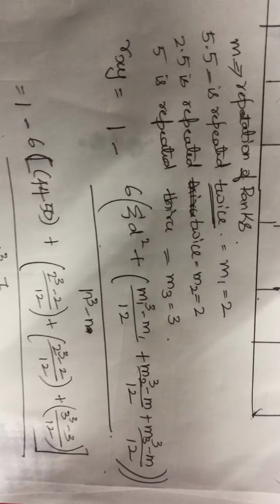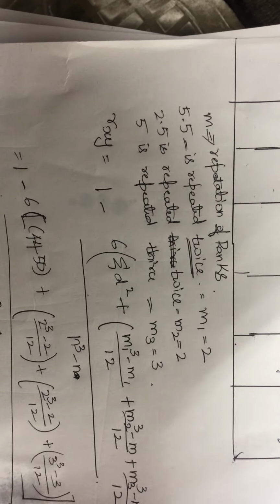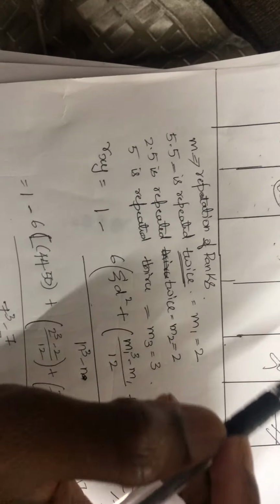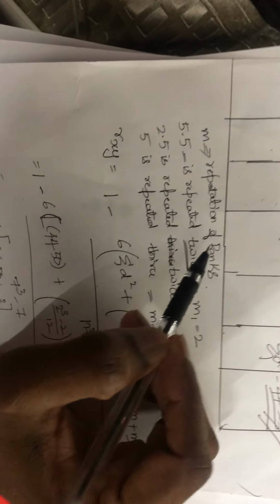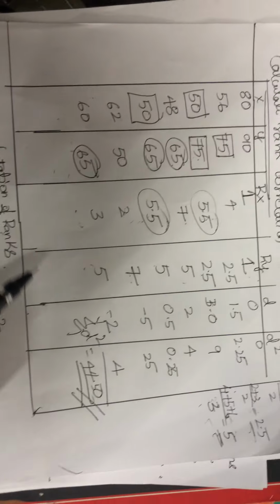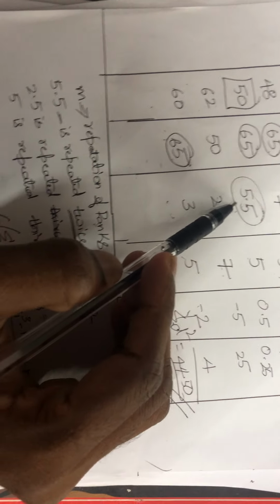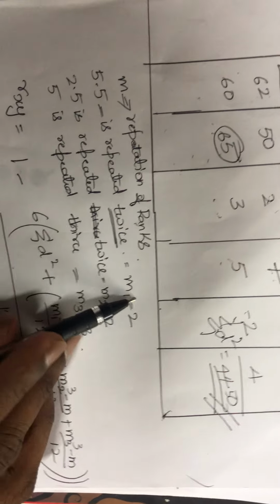Before going to Spearman's rank correlation, here repetition of rank is taking place. Yes or no? Yes, the rank is getting repeated. Whenever the ranks are repeating, can you tell which ranks are repeating? You see the question, 5.5 is repeating 2 times. Therefore, we will take M1 as 2.